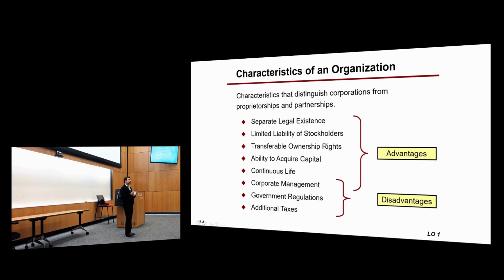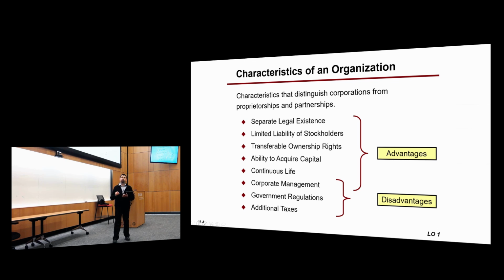If you remember, the liability of the owners of a proprietorship or partnership extends beyond the resources of the company. So for example, if the company goes bankrupt, the bank will go after the partners who own that company.